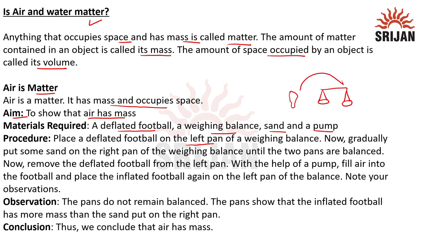Basically this is the left pan, and this is the right hand side. Now gradually put some sand on the right pan to weigh this football. This is a deflated football, right?